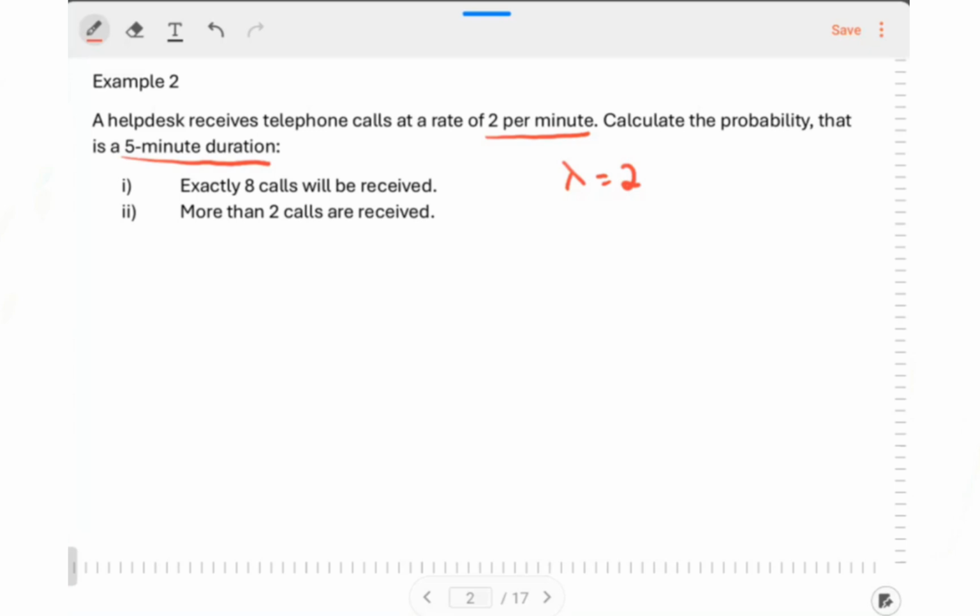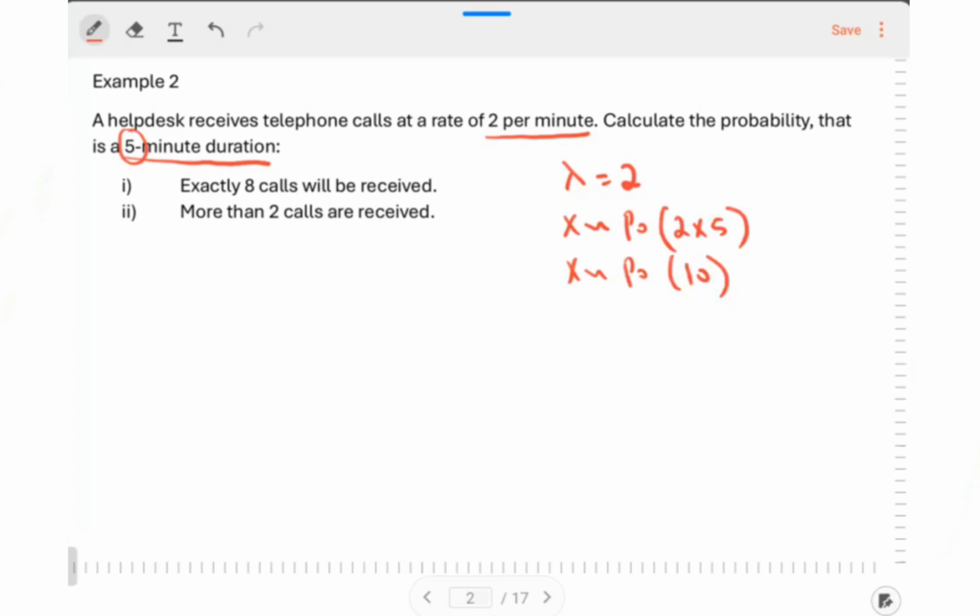So lambda was initially 2 per minute. For a 5-minute duration, the time interval has become 5 times, right? Earlier it was per minute, now 5 times. So X is a Poisson distribution, lambda will be multiplied by 5, so lambda becomes 10.